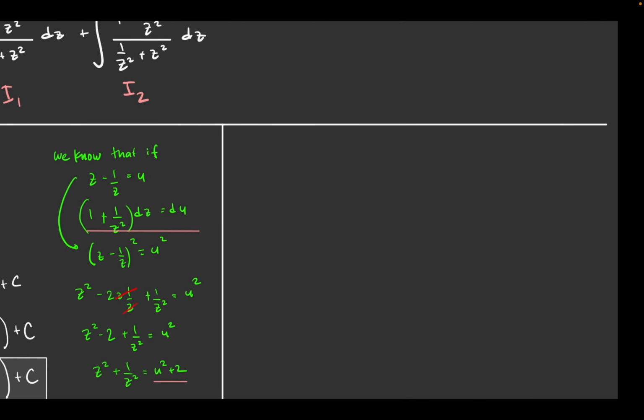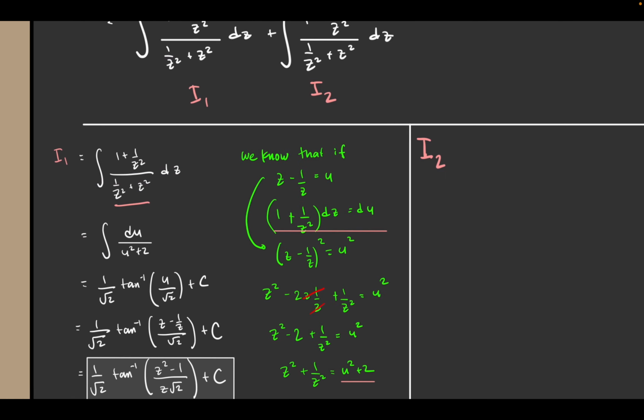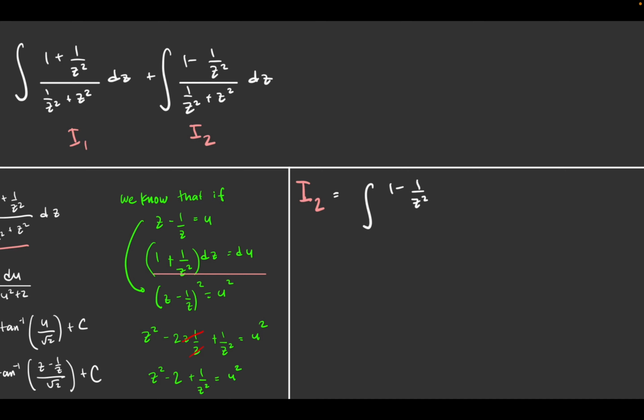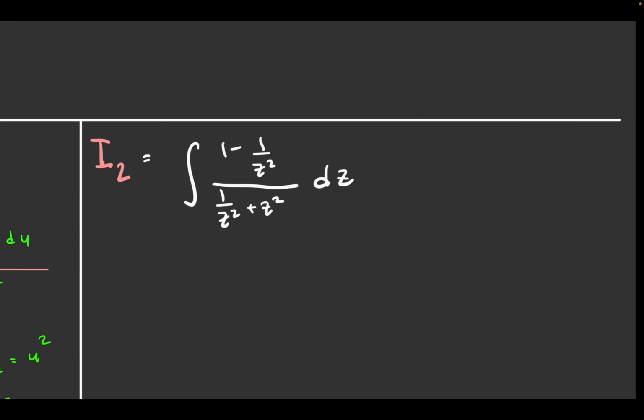Okay. I2 naman tayo. So, I2 is equal to integral of 1 minus 1 over z squared over 1 over z squared plus z squared dz. Yan siya.